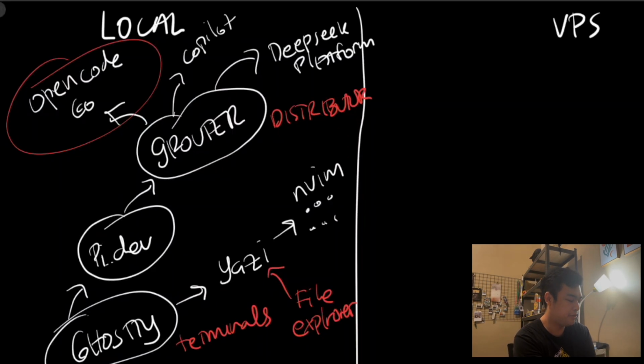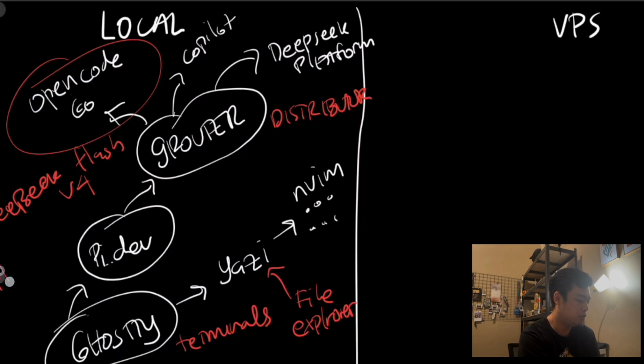So mainly I use DeepSeek Flash version 4 for almost every task, and DeepSeek Pro only for planning things, such as the initial stage of developing something. So I initially put some planning on Markdown using the Pro, while the execution is done by Flash version 4.